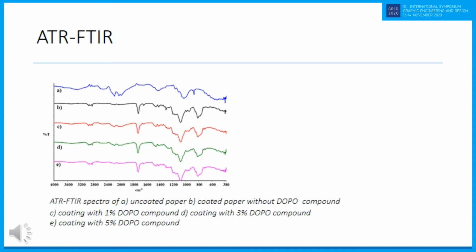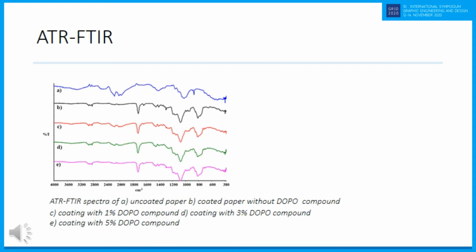The bands at 1637 and 1581 cm⁻¹ in FTIR spectra of F1, F3 and F5 are due to phosphorus-phenyl stretching vibrations.